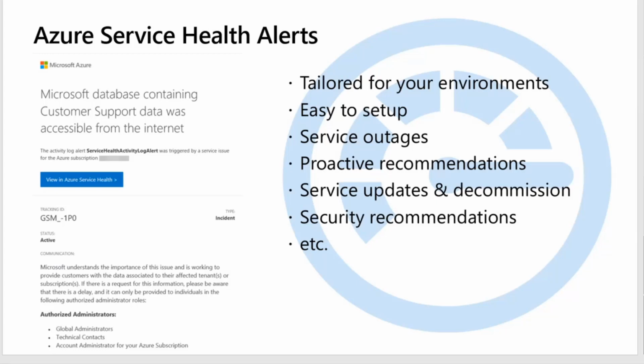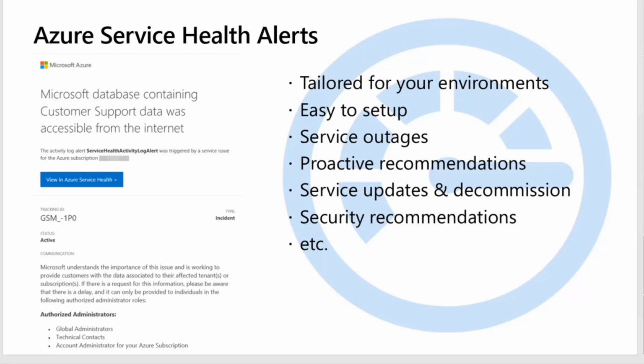For example, a few months ago, there was a potential security-related issue where one of Microsoft's databases that contained customer support data was briefly made accessible from the internet, although nothing indicated there was actually any breach. But Microsoft used Service Health alerts to communicate that potential risk to customers.